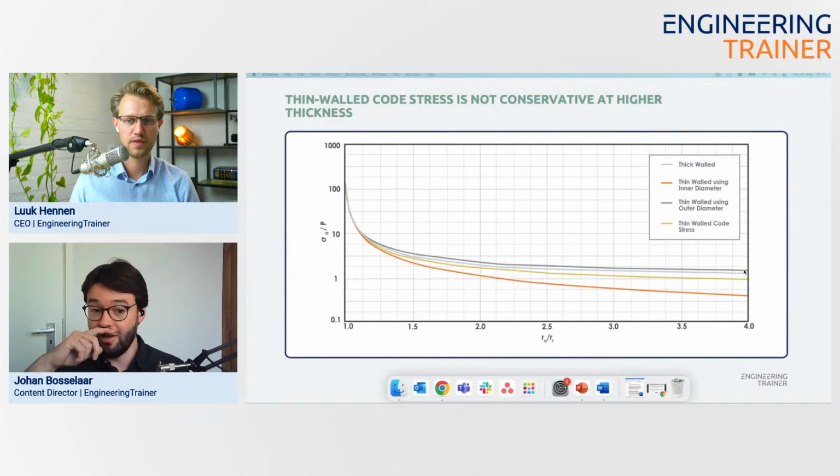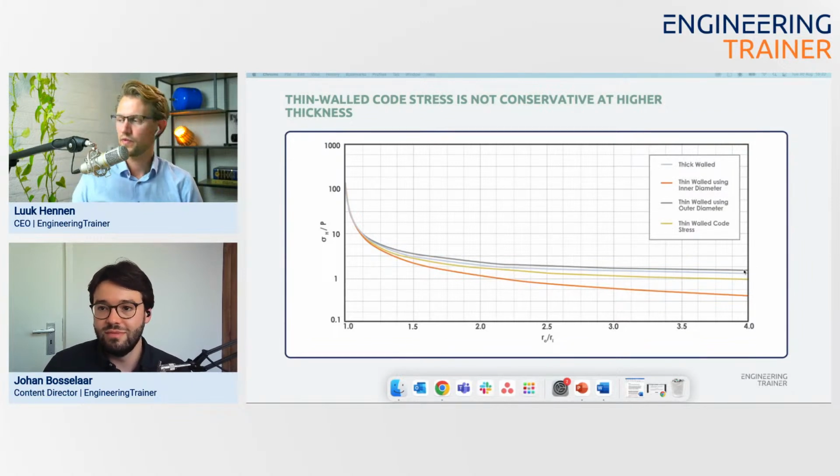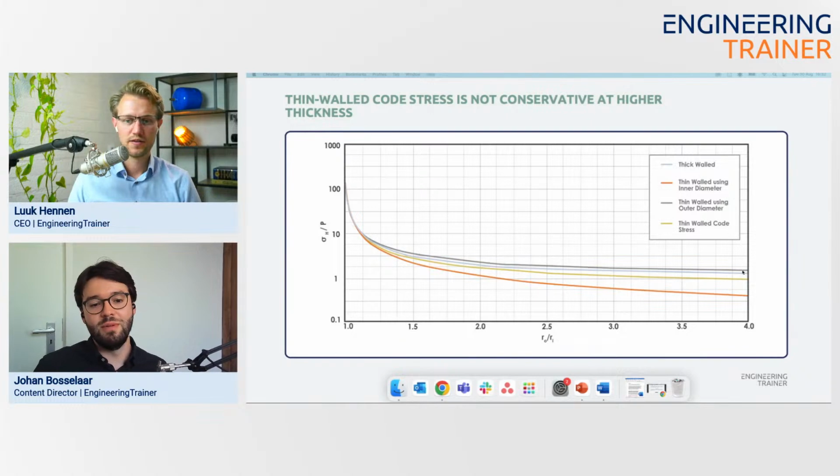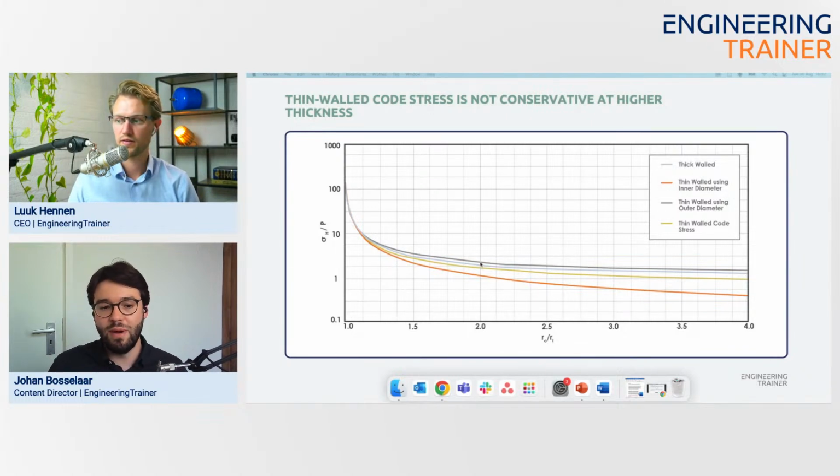You can just say, I'm going to use that, and it will always give you very conservative results. But that means that you would have to make your pipes really thick. Again, on a log scale. It's a very small difference, but it could mean that you have to increase the pipe thickness by a lot for certain pressures.